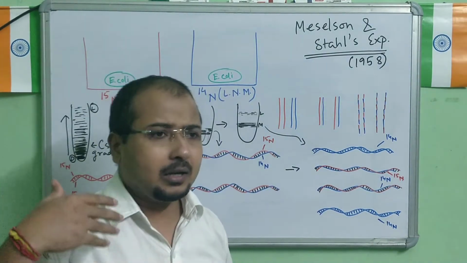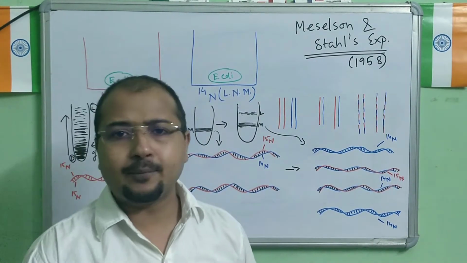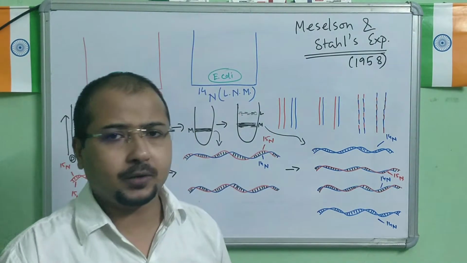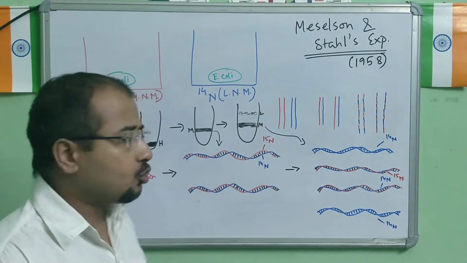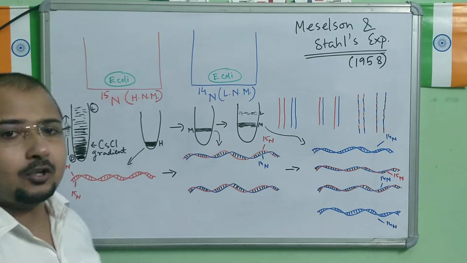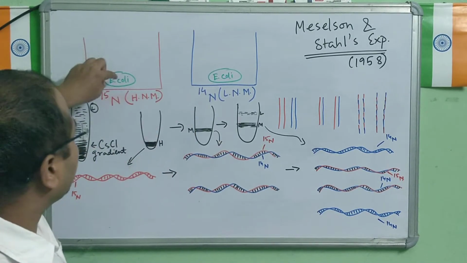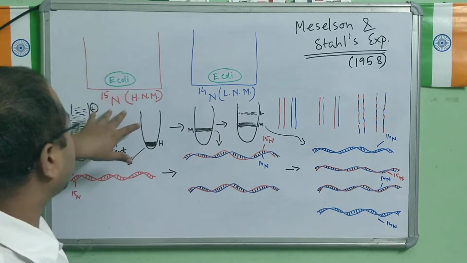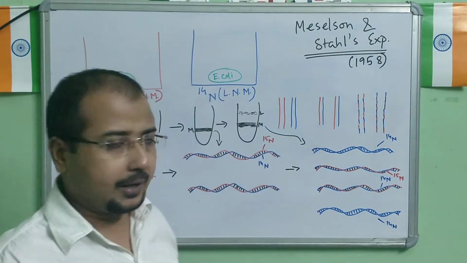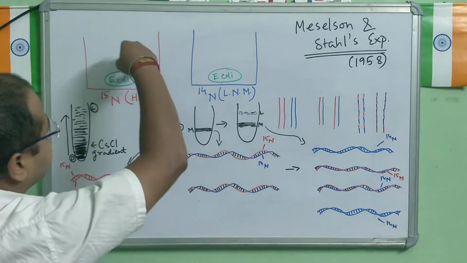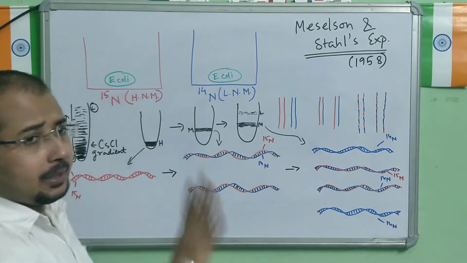So how can we make this heavy nitrogen available? In this experiment they used ammonium chloride. Any ammonium salt can be used for that purpose to make heavy nitrogen available in the medium. So the bacteria were grown in a medium where heavy nitrogen was there. This is the first setup of the experiment.